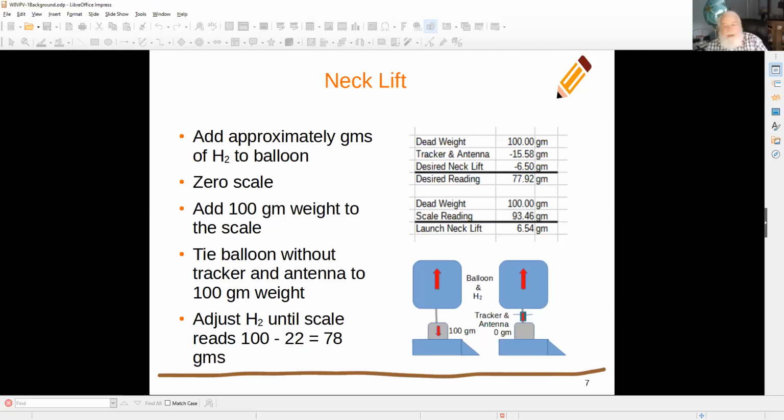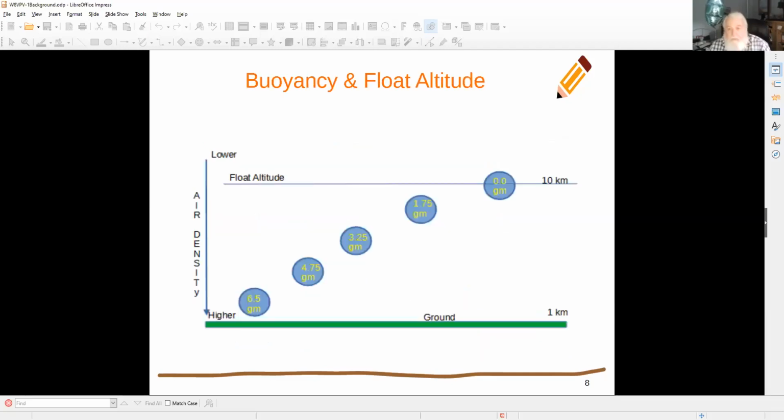So what we're trying to do is measure the tare weight. As a result, the scale turned out to read 93.46 grams. So that meant we're going to have 6.54 grams of lift.